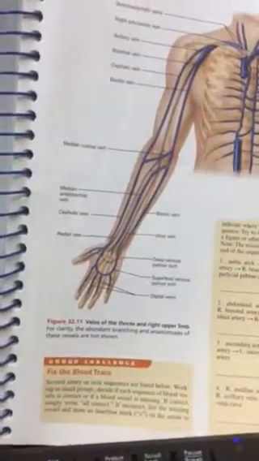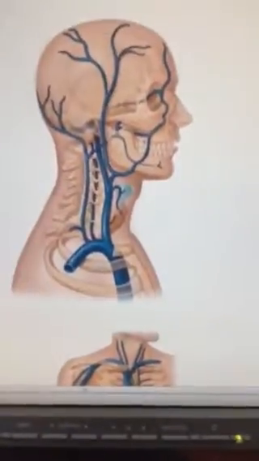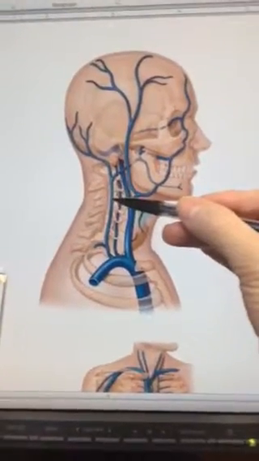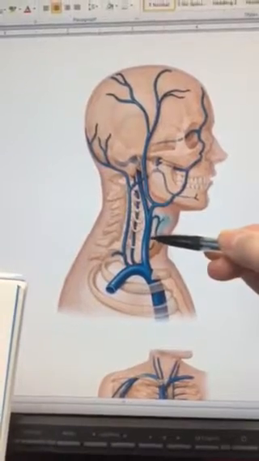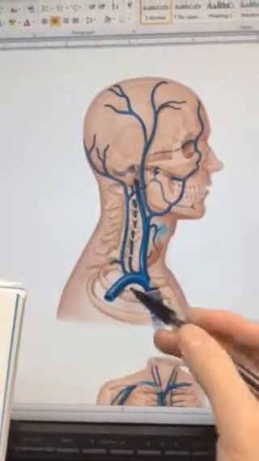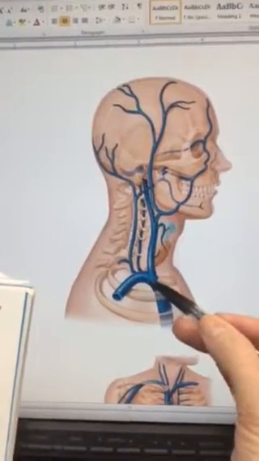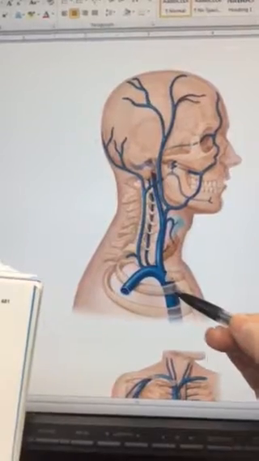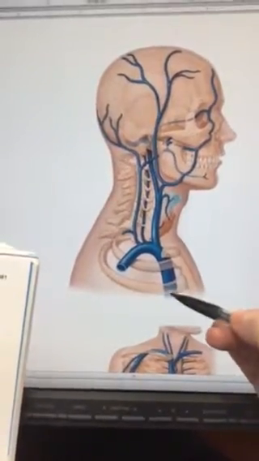So if we look at this in an unlabeled picture, we start with the head, so let's go ahead and work with the head here. We have the external jugular vein coming down, the internal jugular vein, and those are coming into and meeting this subclavian vein here, and then becoming the brachiocephalic vein here, merging with that to form, with the left one, the superior vena cava.